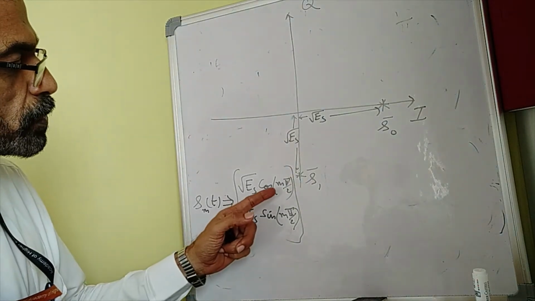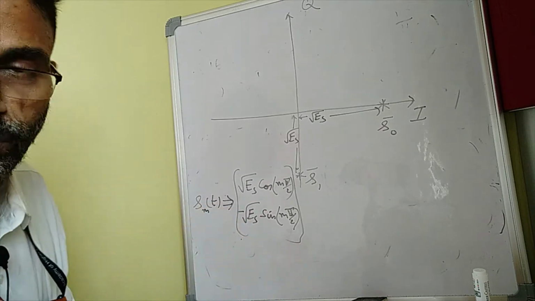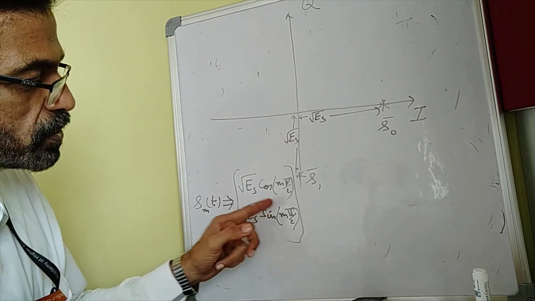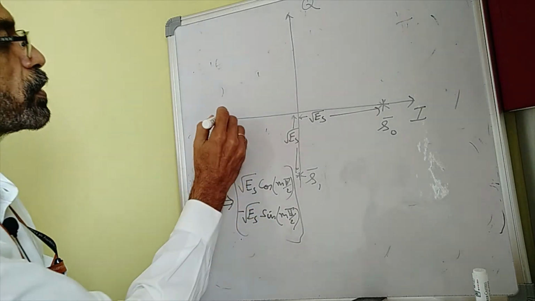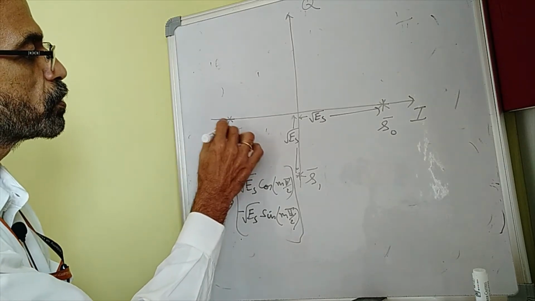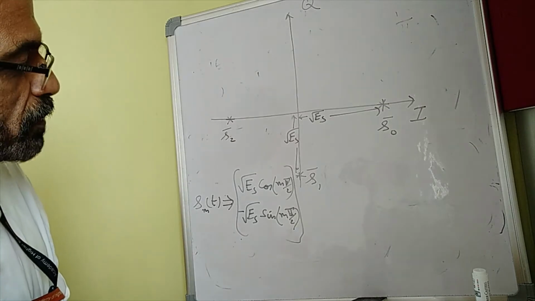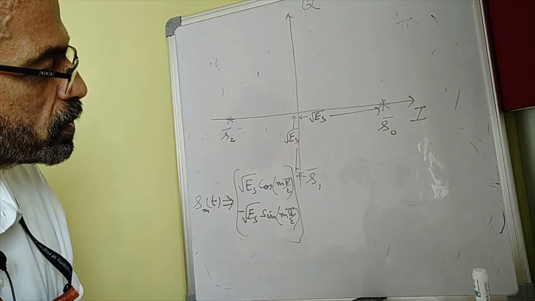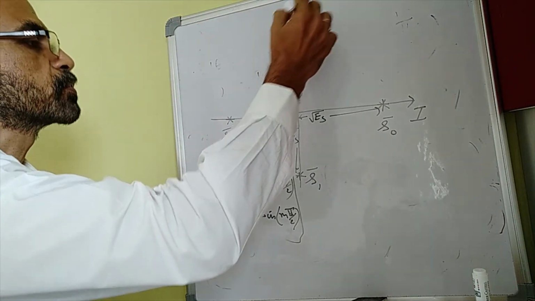And continuing further, when m is equal to 2, you have root Es cos pi, which will be minus root Es, and minus root Es sin pi, which will be 0. So minus root Es, 0 will be here, corresponding to s2. And of course the final one, when m is equal to 3, it is root Es cos 3 pi by 2 and minus root Es sin 3 pi by 2, which will give you this.